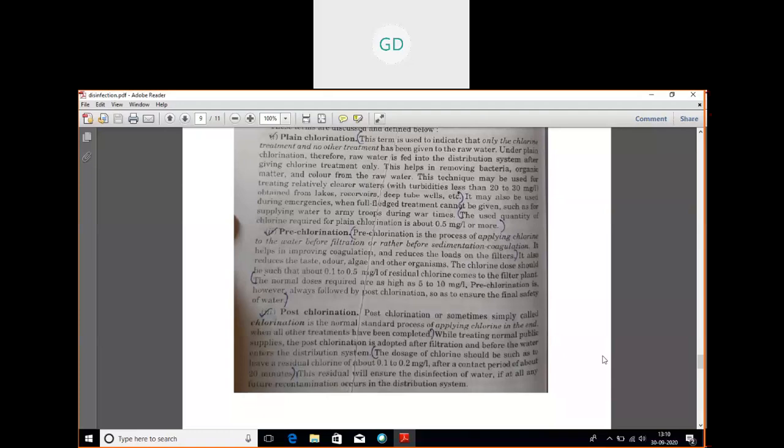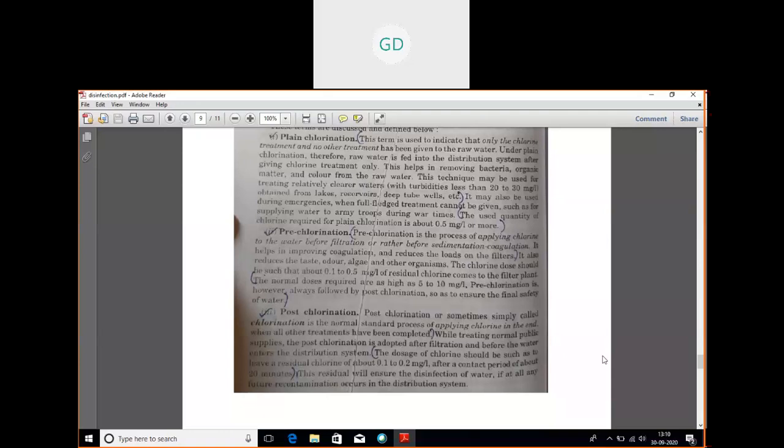Whenever pre-chlorination is done, it is always followed by post-chlorination. So what is post-chlorination? It is after all the treatment processes are done. When all the treatments are done, at the last, when chlorine is added to the water, it is known as post-chlorination.